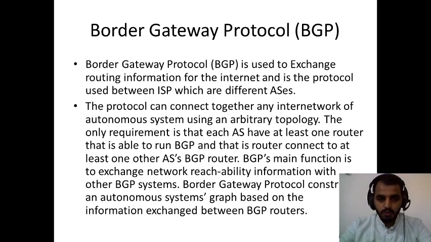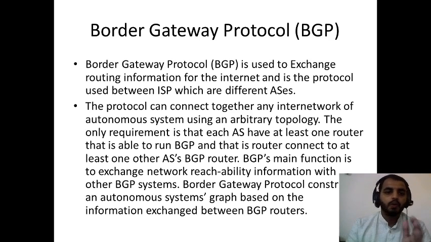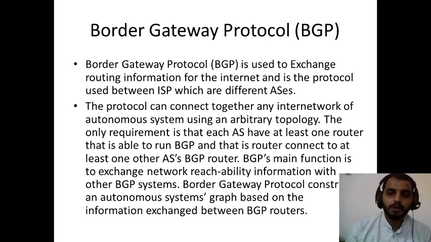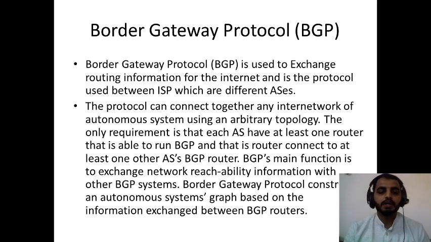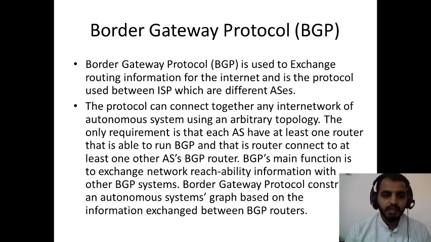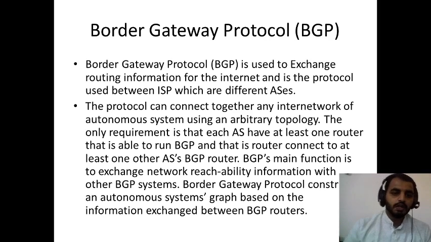OSPF works within a known network, whereas Border Gateway Protocol works with other networks connected to that particular network. For example, you are in semester 5, and there are some people in semester 7.